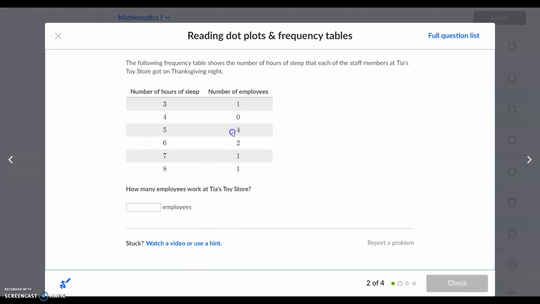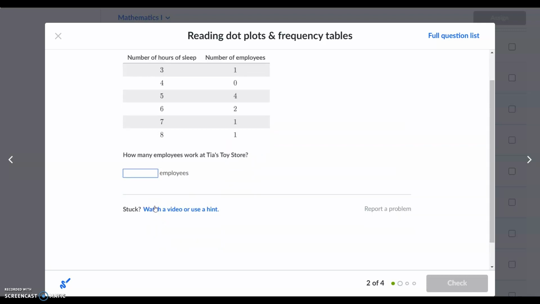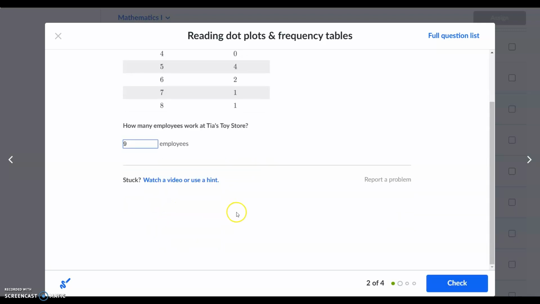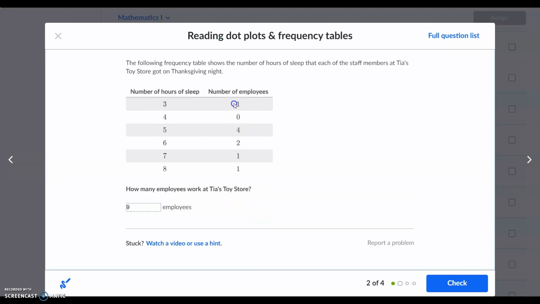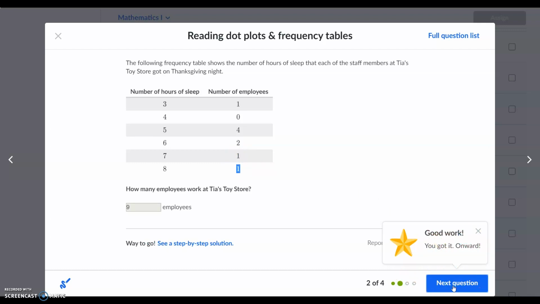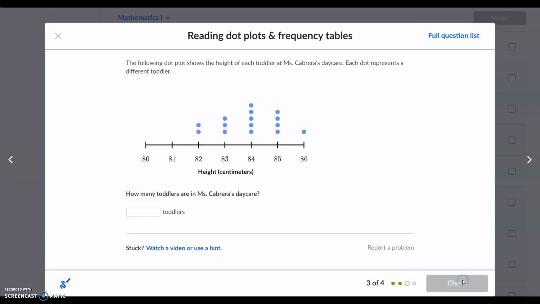So 1 plus 4 is 5, 6, 7, 8, 9. So I think it's 9 employees, and since there's no calculator, I'm going to check it. 1 plus 0 is just 1, plus 4 is 5, 6, 7, 8, and 9. Sounds good. Check it. Yay.